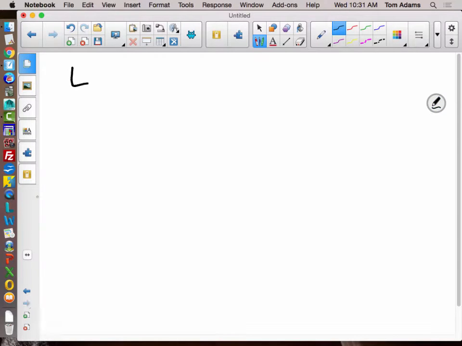So now for example number 3 in your textbook, they give us a cube. And the cube sort of looks like this. And I'm going to just sketch it.